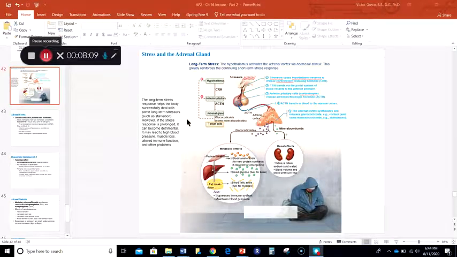So here's a good summary of these adrenal cortex hormones. When there's stress on the body, these hormones will help us deal with this stress. And here's how it works. Well, the hypothalamus will release corticotropin-releasing hormone. There it is, in this portal system, right to the anterior pituitary.